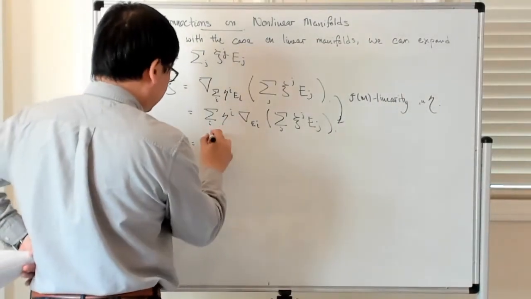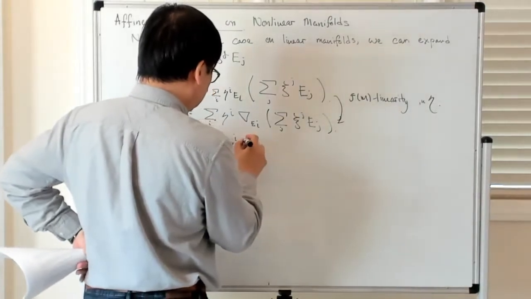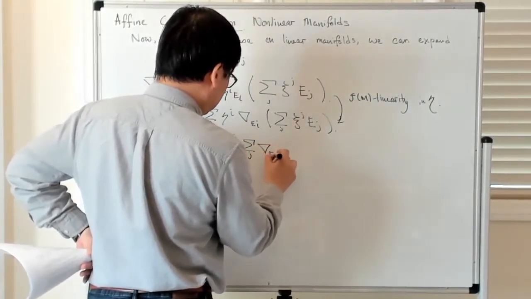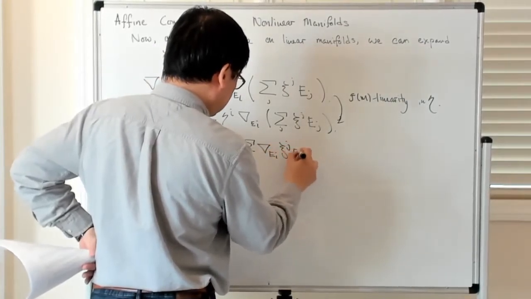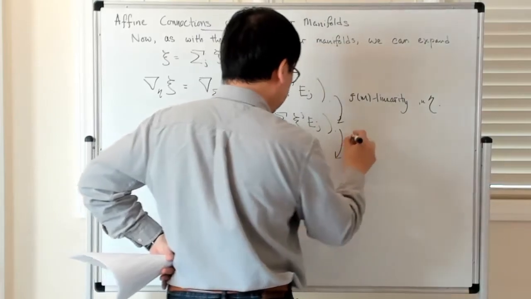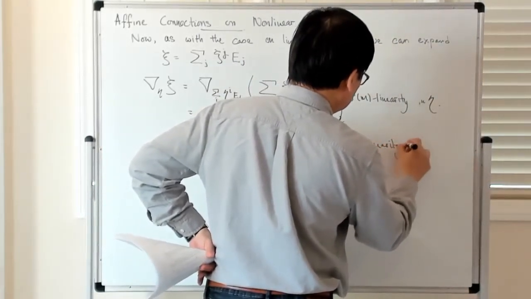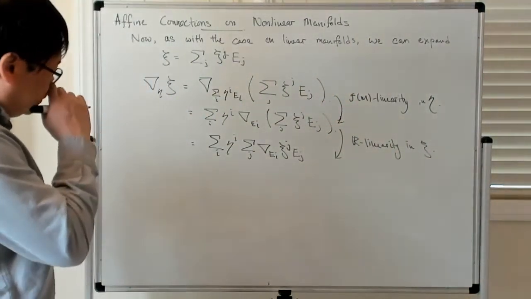Then going from here to here is just R linearity in the second slot.